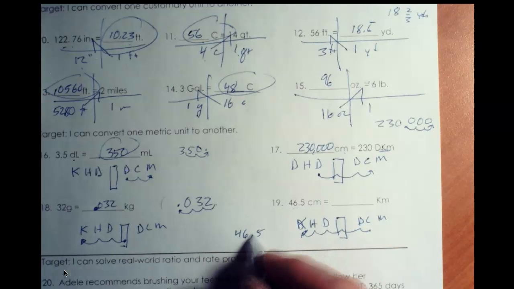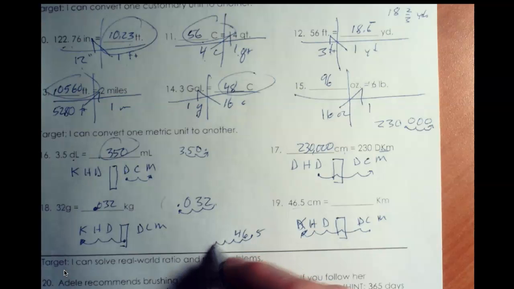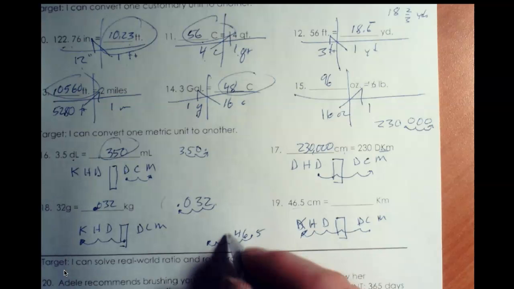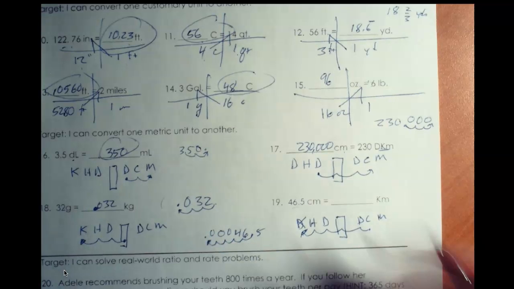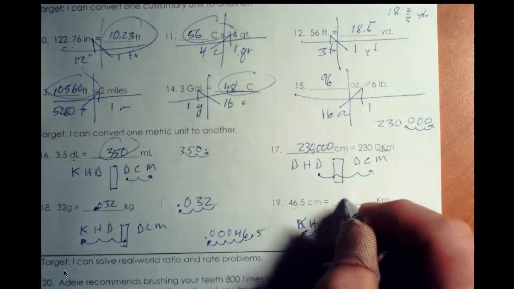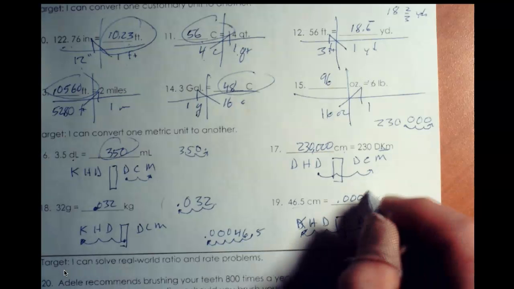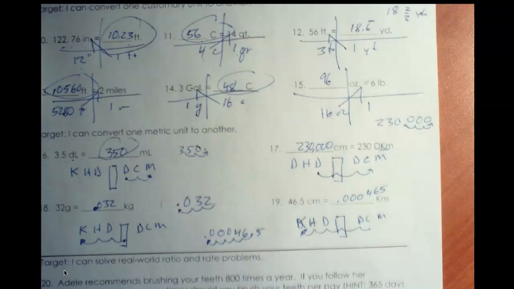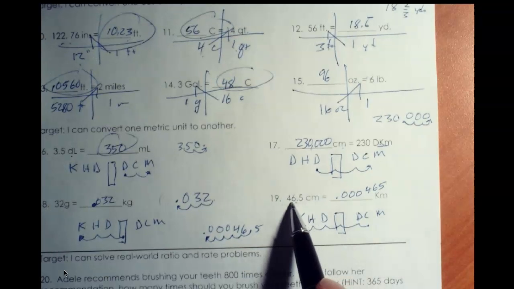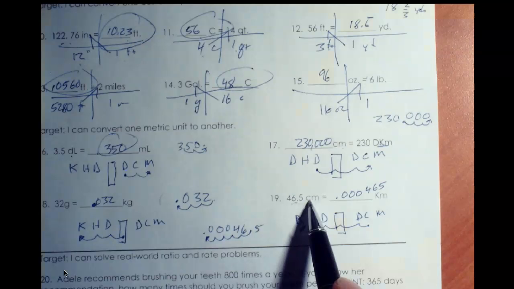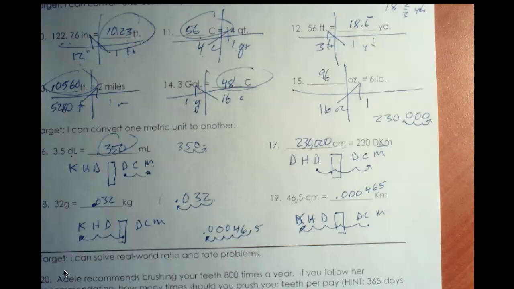So here's 1, 2, 3, 4, 5. My arrow. I've got to put all these placeholders in. It's a very small number. 0.0004665. You got to remember, 46 centimeters is not even 1 meter, so it's going to be just a very, very small fraction of a kilometer.